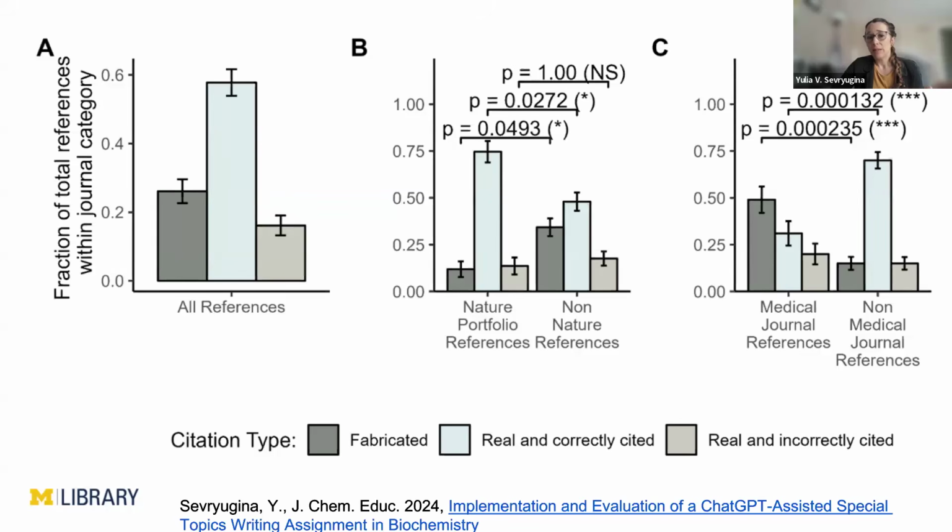That's very sad, unfortunately, and it tells us about the disciplinary knowledge of these tools: in this specific biochemistry class they could use multidisciplinary journals like Nature and references were mostly correct, but if we talk about some specific narrow discipline, that may be very worrisome when looking at what type of references are generated.